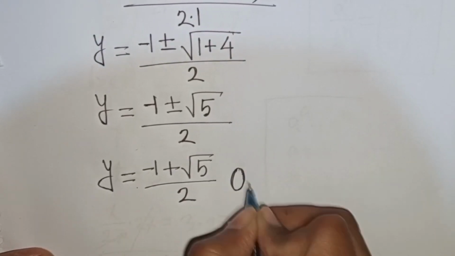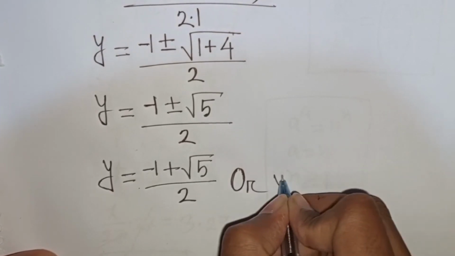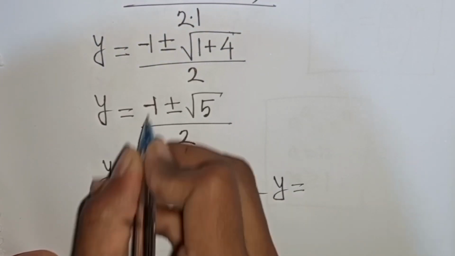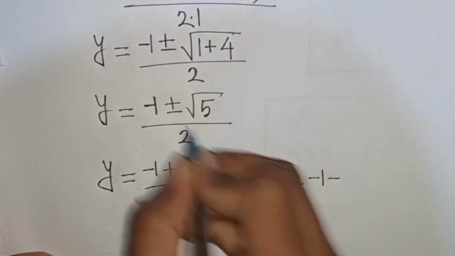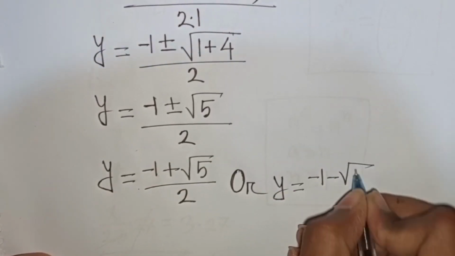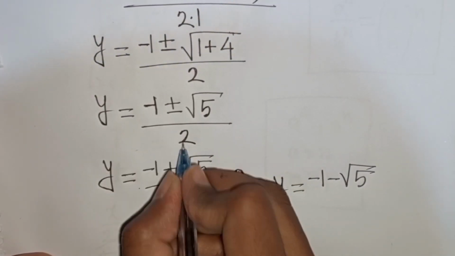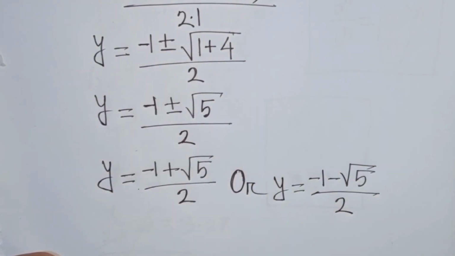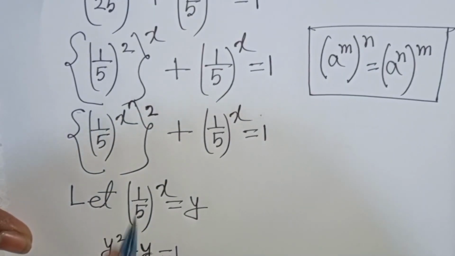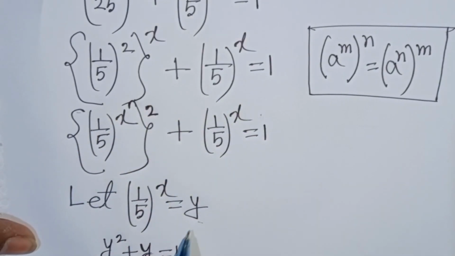or y is equal to minus 1 minus a square root of 5 divided by 2. But remember that y means let 1 by 5 bracket power x be substituted by y.